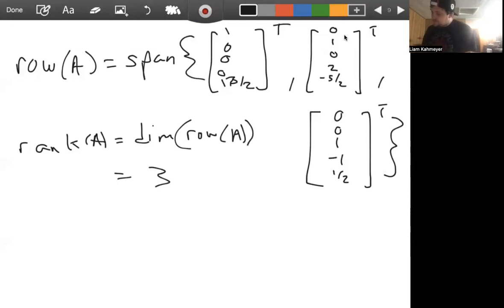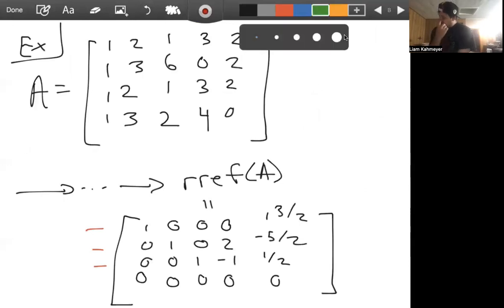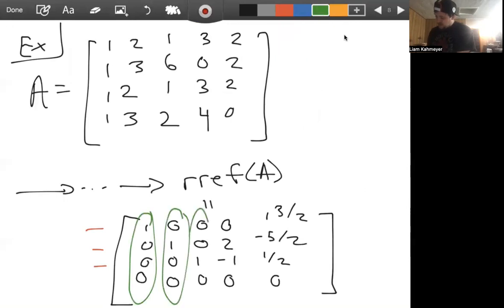Cool. Now, what about the column space? For the column space, you find all pivot columns. In this case, it is the first 3 columns. These are your pivot columns, which means the vectors that are a basis for your column space are the corresponding columns in the original matrix.